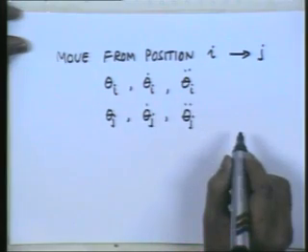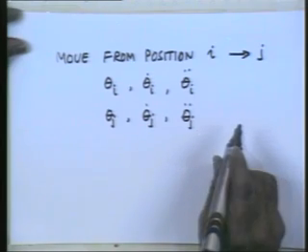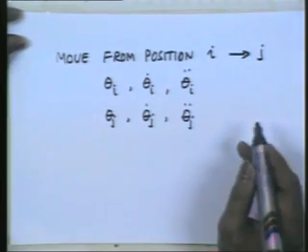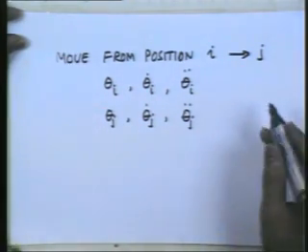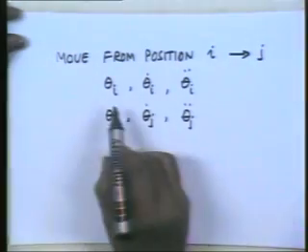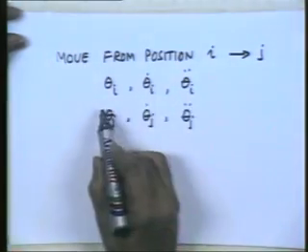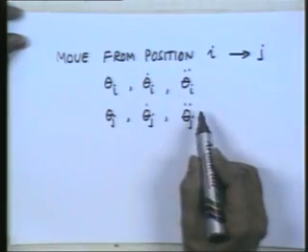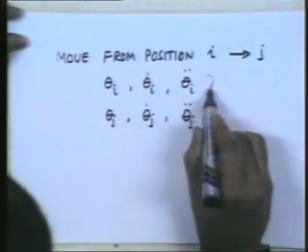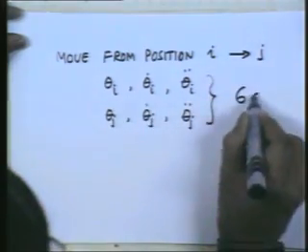That means accelerations also are specified, suppose. Just as a hypothetical case to present the argument, if you have prescribed positions, velocities and accelerations at both position i and position j, then you have 6 conditions.